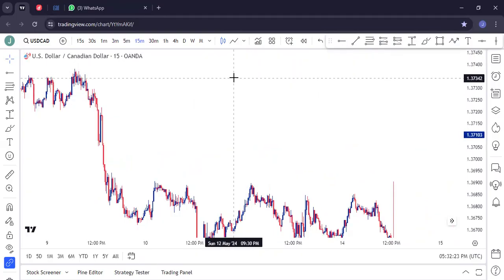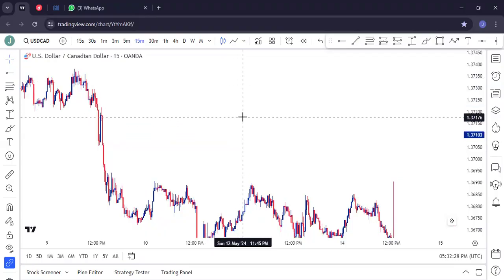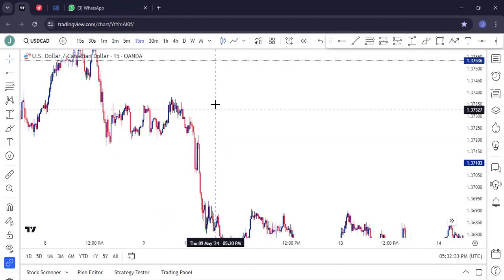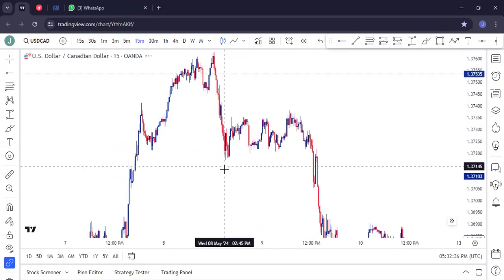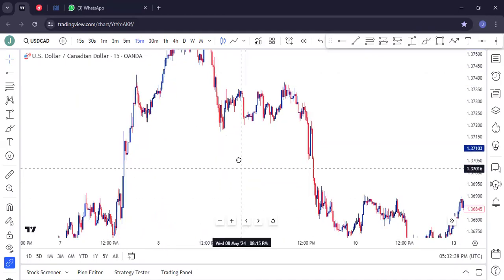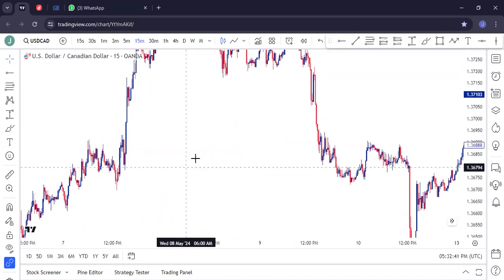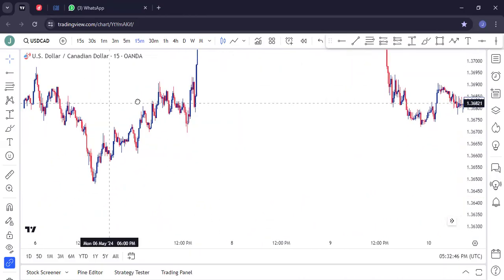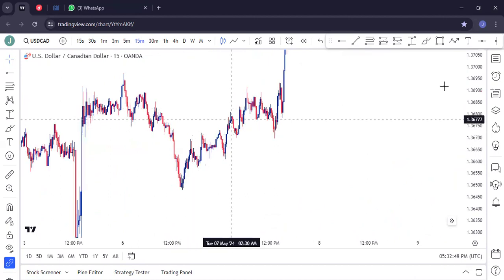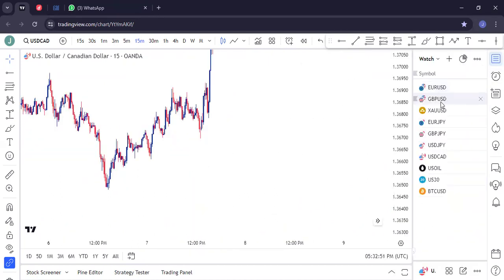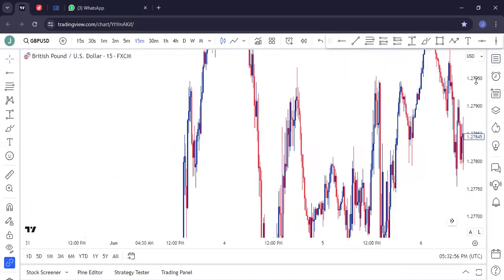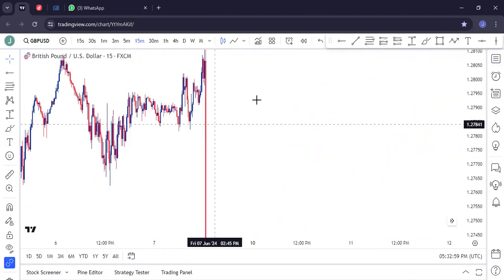In this program, we are going to have only 3 types of entries, which we are going to learn in the coming sessions. But we teach people how to take this liquidity engineering because it is very important for people to understand the action of the market. And also we can use this as the entry point. Let us look at some few examples in the GBP USD, if we can find some.